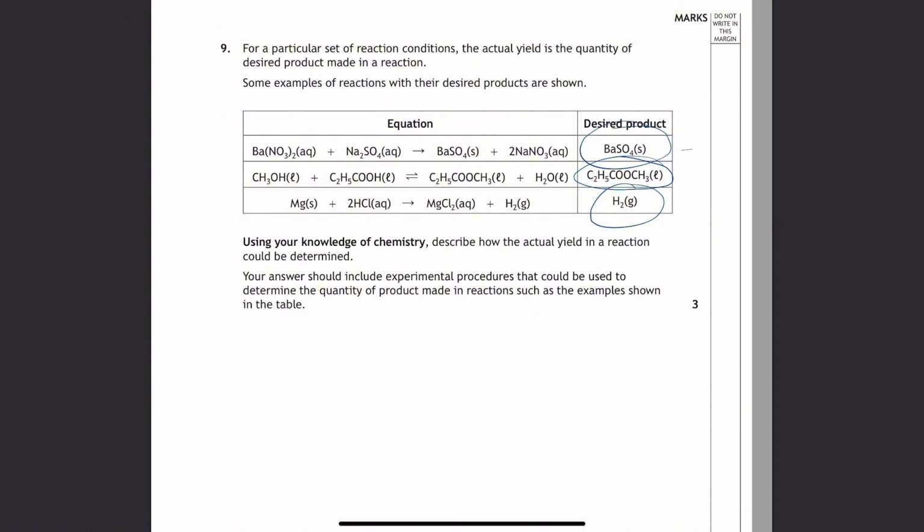So essentially this is an open-ended question talking about percentage yield calculation, how you would weigh a solid accurately, how you could collect a gas, talking about molar volume, and you could talk about the chemicals that are made, the types of reactions that are involved to add in extra chemistry. So this would be a precipitation reaction because you're making a solid.